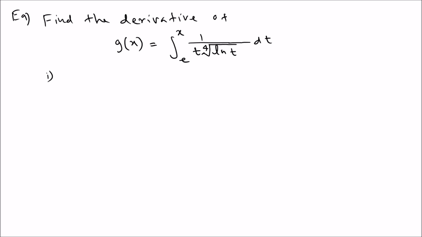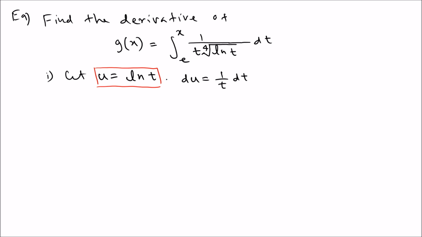I'm going to let u equal the inside function, in this case ln t. That's the substitution you need. Then we know that du is simply 1 over t dt, and you can see 1 over t dt is right there. Also we need to find the limits.